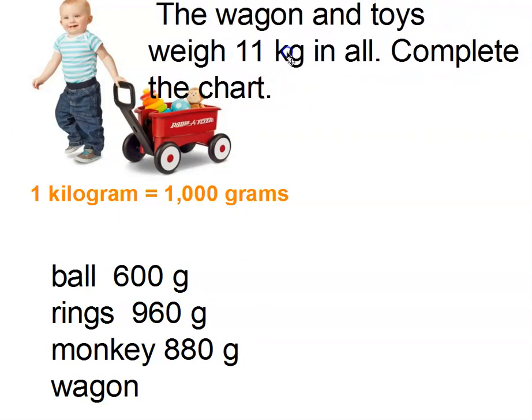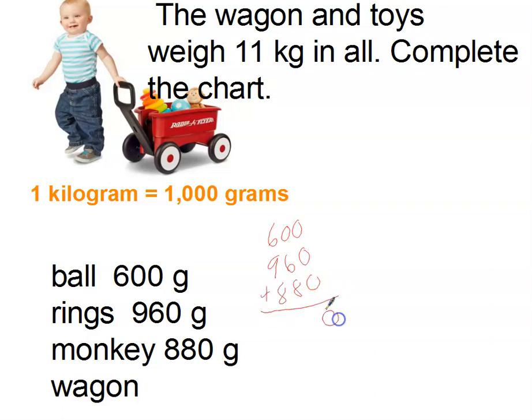The wagon and toys weigh 11 kilograms in all. Complete the chart. All right. So we know how much the ball weighs, the rings, the monkey. The only thing left is the wagon. So I need to add up the ball, the rings, and the monkey. 600, 960, 880, 0, 14. Carry my 1, 10, 16, 24.